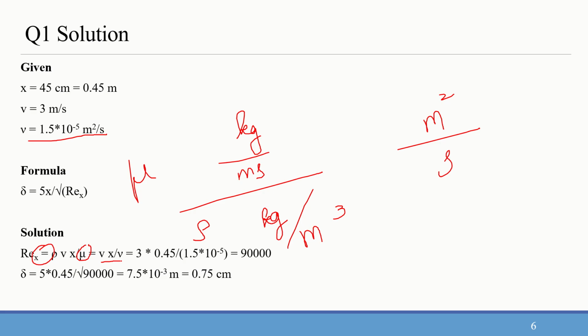So it becomes 7.5 into 10 power minus 3 meter. But in the question, if you remember, it was asked in centimeters. So it is 0.75 centimeter. So the thickness at the distance of 45 centimeter from the leading edge is 0.75 centimeter. So that's how we do this.